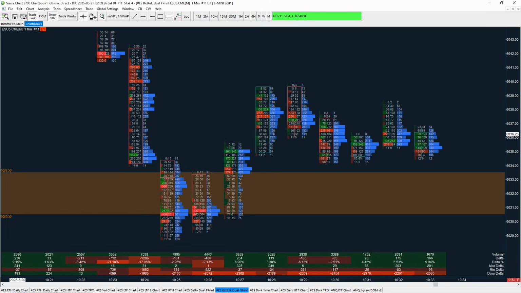If you take a look at this, what this chart is displaying, this is a candle, and these are all 1 minute candles. I can change it to 5 minute, 15 minute, whatever time frame you want.